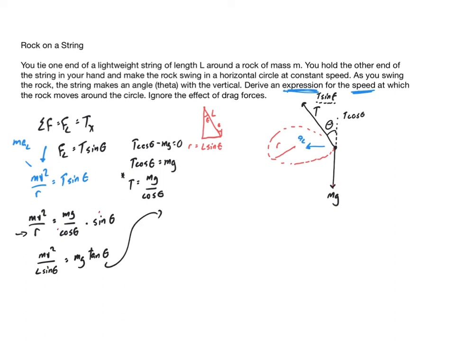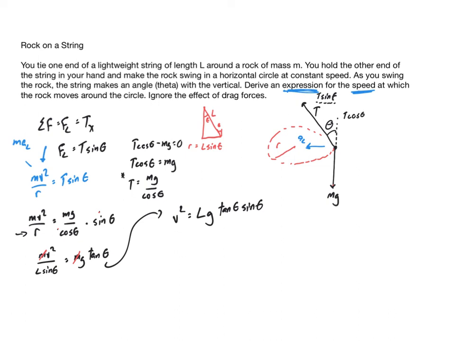I'll finish this off right here. So now it kind of looks like this. Notice my m's cancel. That's good. So I have v squared equals L, length of the string, times g, times tangent theta sine theta.